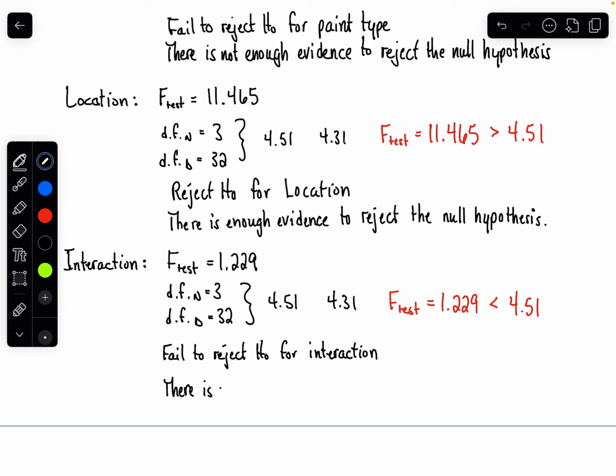So we're going to say there is not enough evidence to reject H sub 0 for interaction. So again, H sub 0 said that there was no interaction, and we're saying we can't reject that. So we are saying that we believe there is no interaction between paint type and location.